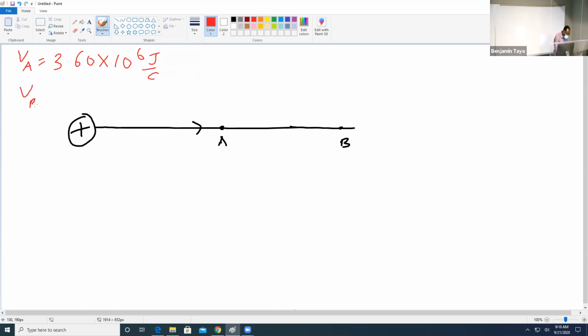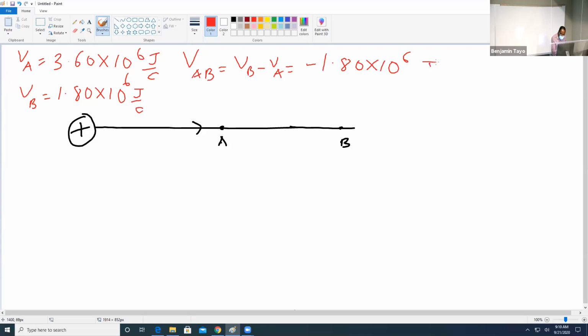Calculate potential at point B. This was 1.80 times 10 to the power 6. Now, with this, you can calculate VAB, which is just equal to VB minus VA. And this gave me negative 1.80 times 10 to the power 6 joules per coulomb.